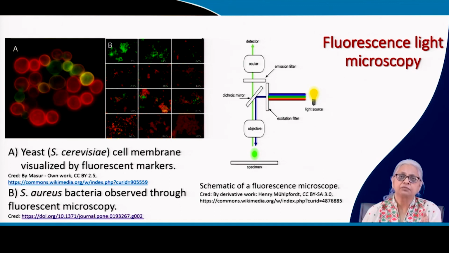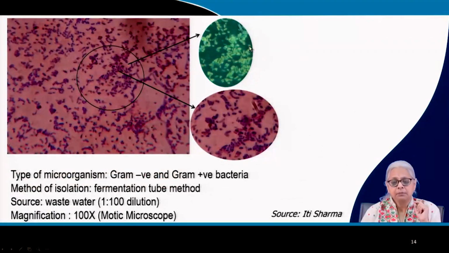We have specific filters and specific dyes, and the combination of the filter and the dye will result in different colors. So coming back to this, we can see that the colors are a little more obvious. Here purple and pink are not so easy to differentiate. Pink is so light in comparison to purple that everything looks more or less purple. So here you can see there are yellow-orange colors and a faded green color.